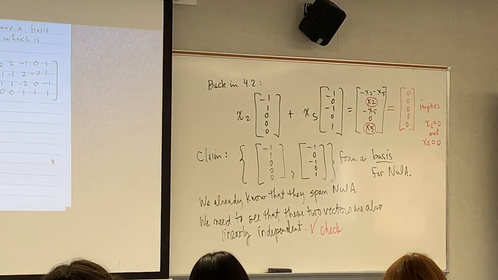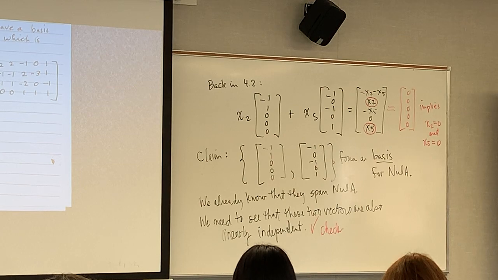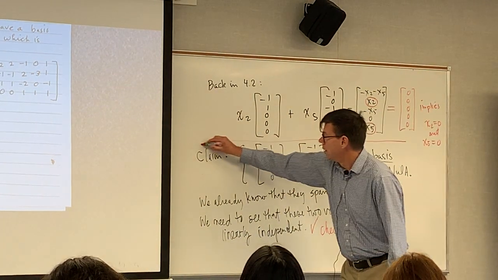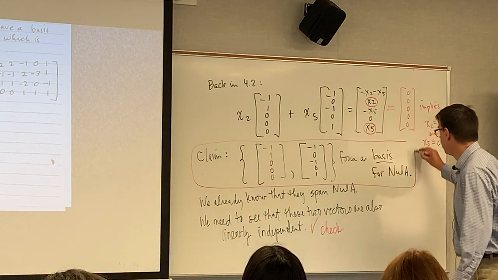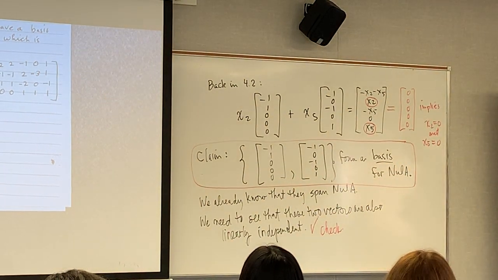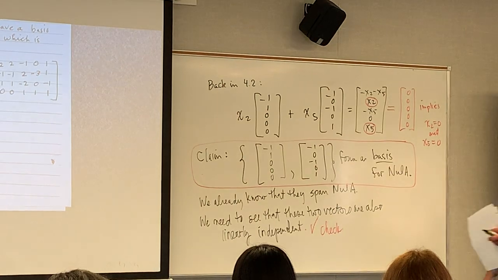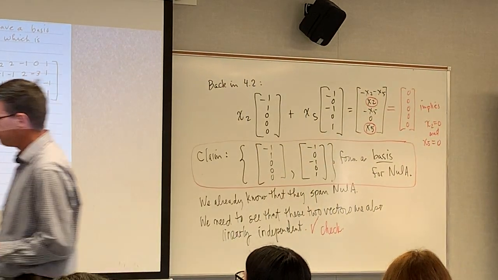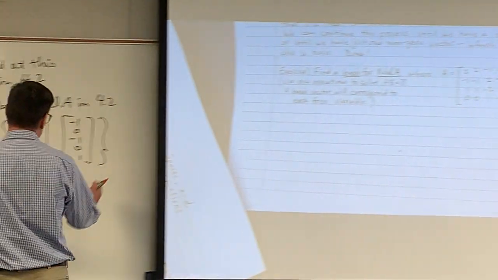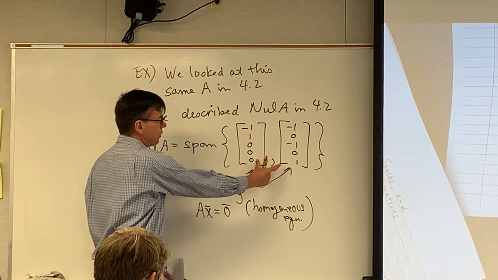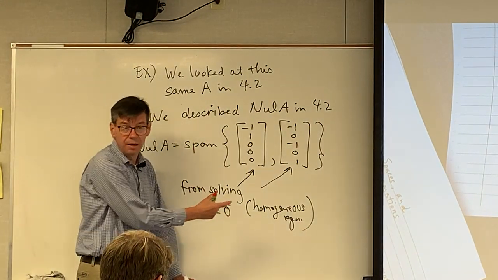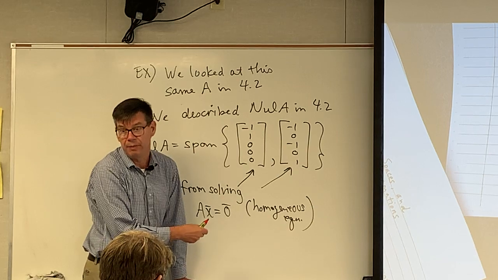I'm going to give you something in a moment, too, that verifies this. So, done. We have our basis. In fact, our process for finding vectors that span the null space produces a linearly independent set.